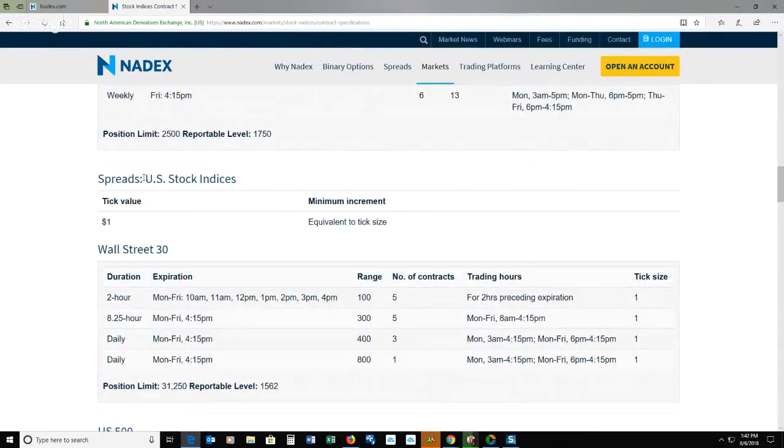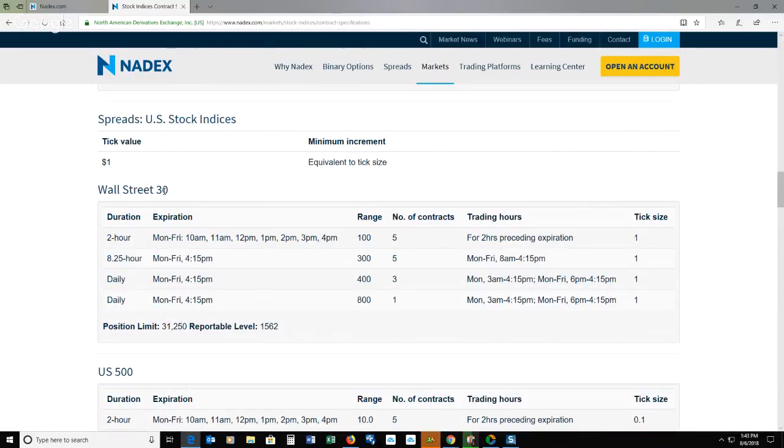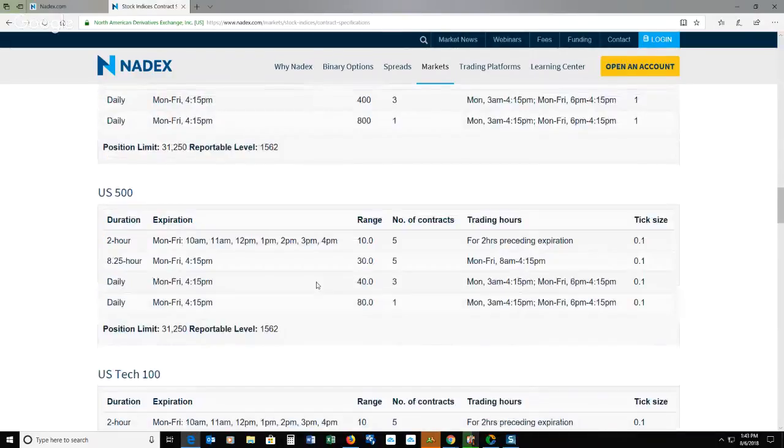On the spreads, US stock indices, this is where it's going to be slightly different. $1 is equivalent to the tick size. So in this case, the Wall Street 30 moves in points, and it shows you that right here, whereas the US 500 moves in 0.1.